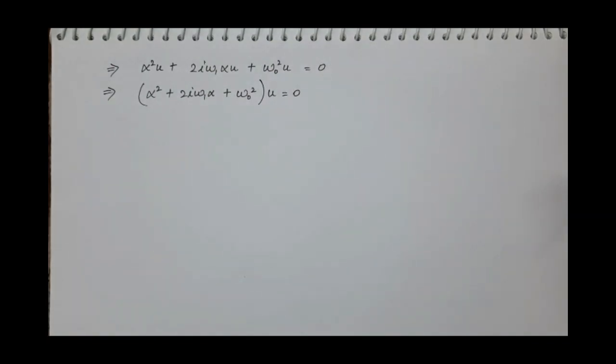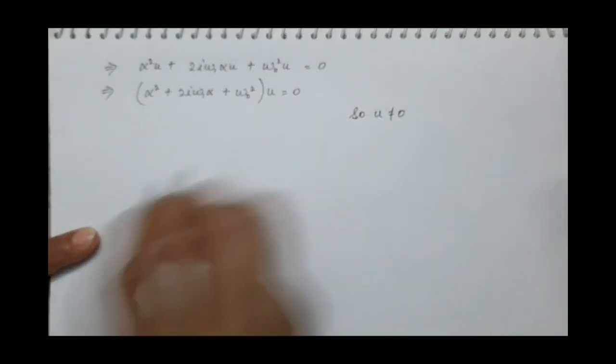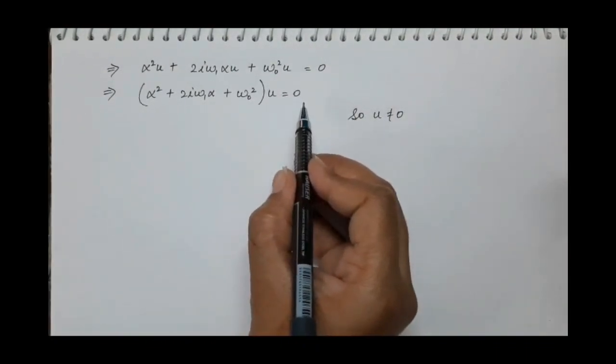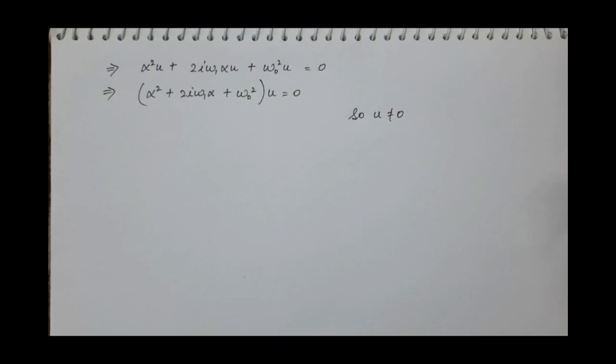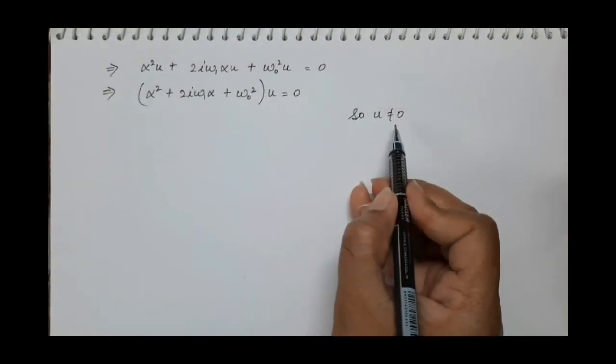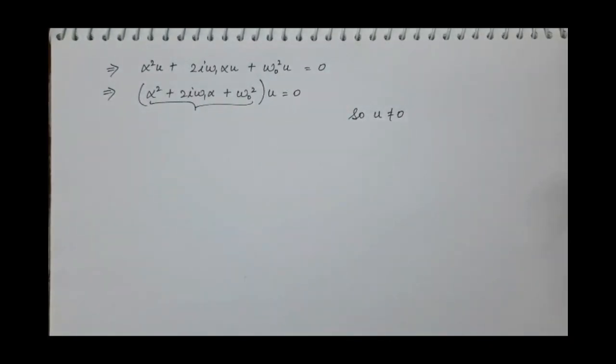And we know that as u is the solution of that second order differential equation, u cannot be equal to 0. And the product of two quantities is equal to 0 if and only if one of the quantities is 0. As u cannot be equal to 0 because it is the solution of the second order differential equation, it means this term will be equal to 0.